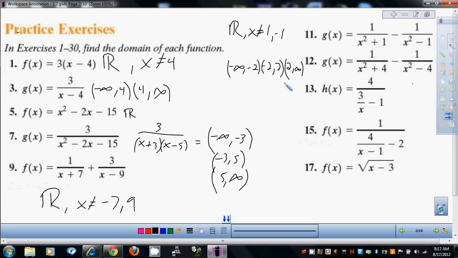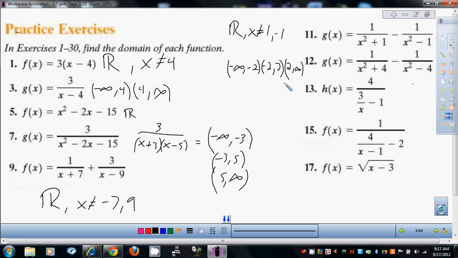It's a fraction in a fraction. How'd you get 0? If you put in 0, you're going to have a 3 over 0 problem. And then you're also looking for what's going to make that whole thing equal to 0.